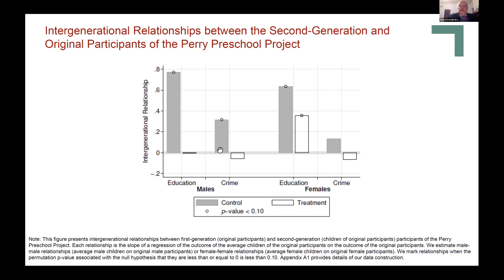And if I look at criminal activity, there's a high correlation. If your parents are involved in crime, particularly for boys, and you have a father who's committed crime, there's a much higher chance that your son will commit crime. But we break that link if these children have treatment. So the social mobility is totally improved.